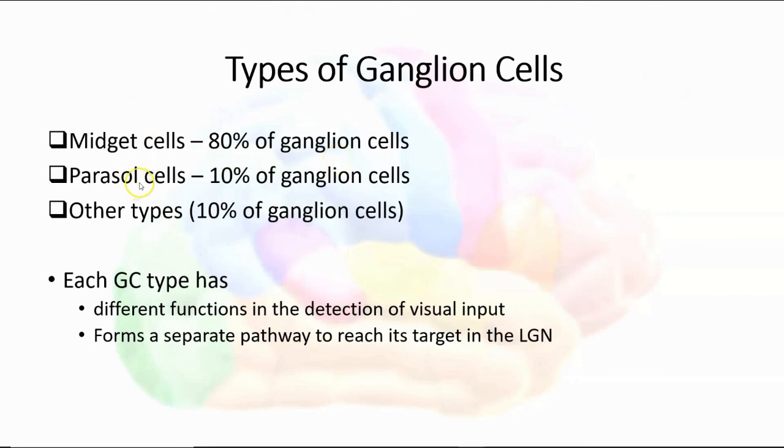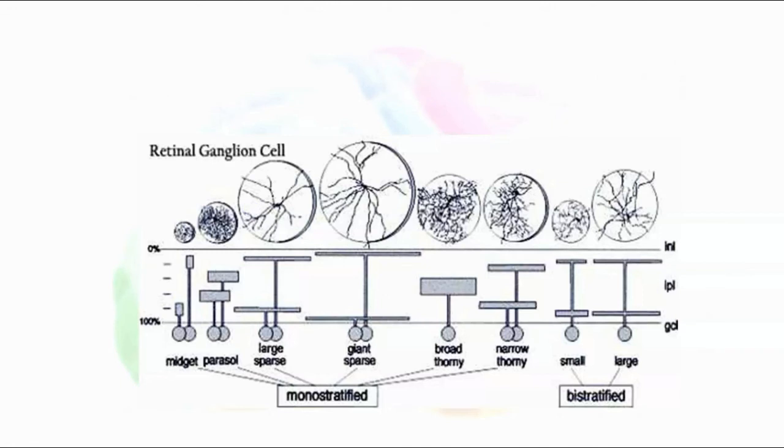Next is parasol cells, around 10% of the ganglion cells, and other types, which are around 10% of ganglion cells. Each ganglion cell type has a different function in the detection of visual input and also forms a separate pathway to reach its target in the lateral geniculate nucleus.